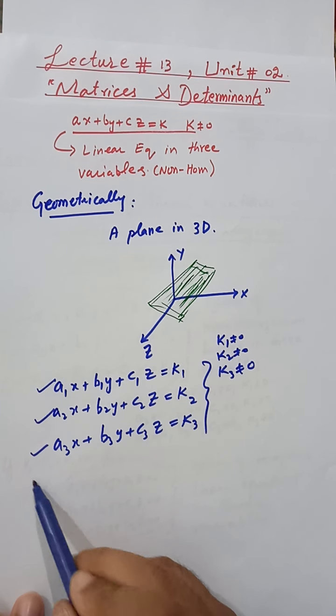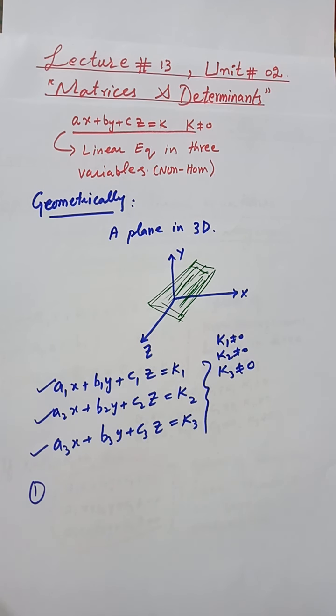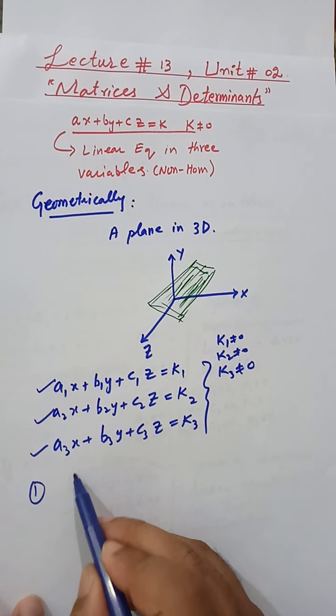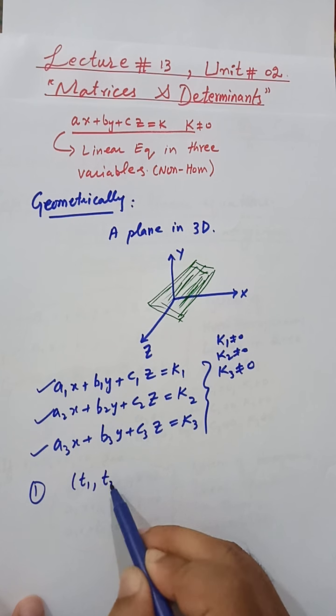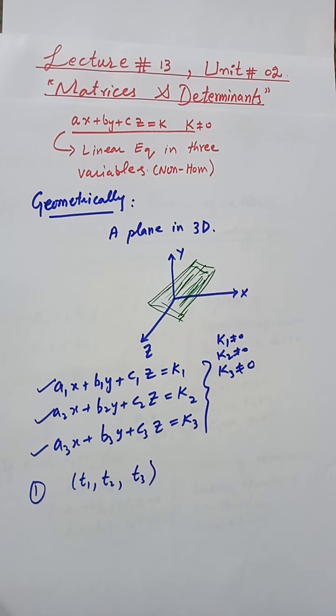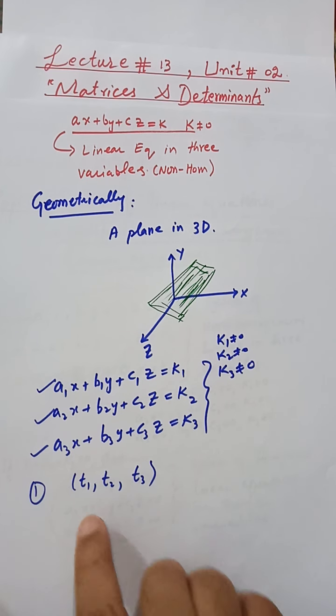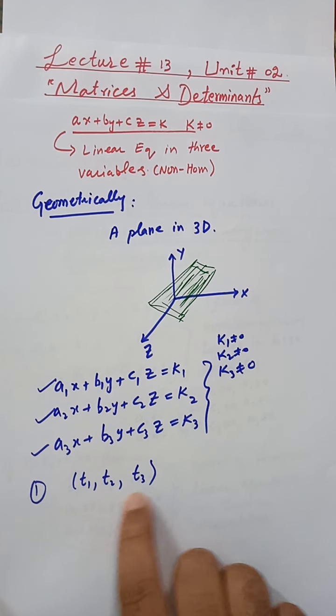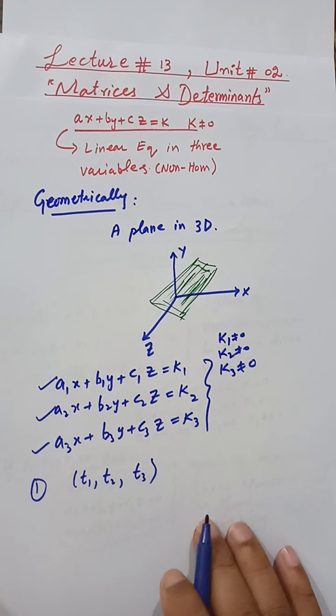If these three planes in three-dimensional space intersect at a single point, and let's say that point is (T1, T2, T3), then the point of intersection must be the point in three-dimensional space having coordinates T1, T2 and T3, meaning distances on the x-axis, y-axis and z-axis.